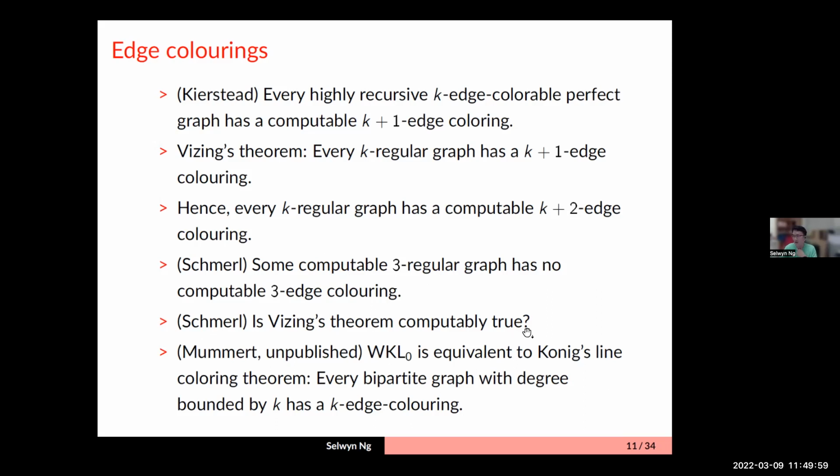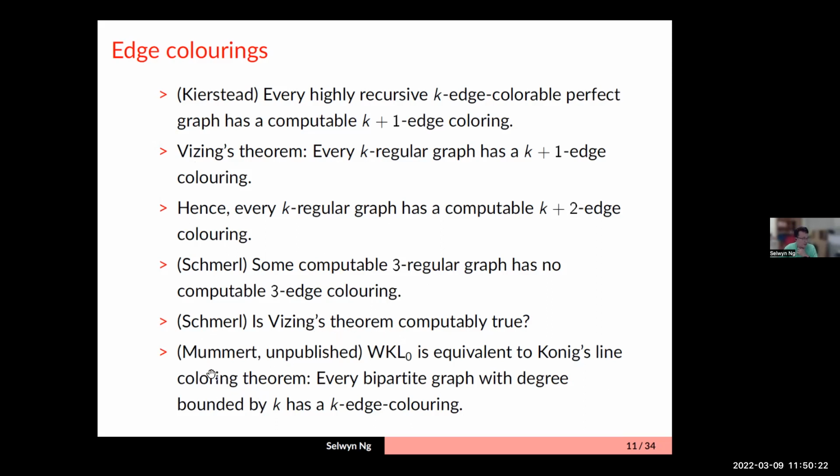And again, also as far as I know, this computable version of Vizing's theorem is not known for edge coloring. If anyone knows more, I'm happy to discuss. It's quite a fascinating question. It's harder than you might think.